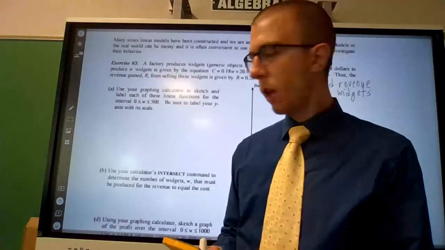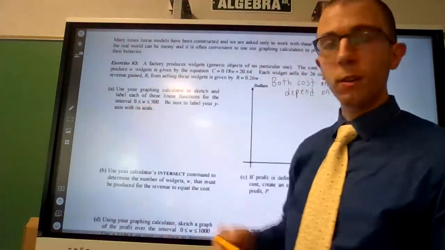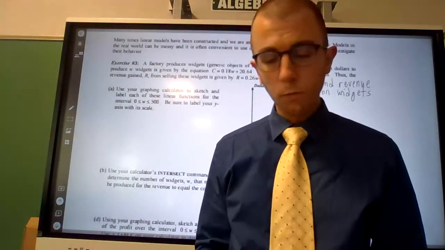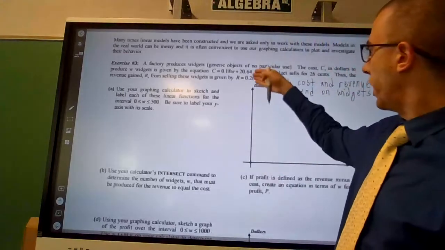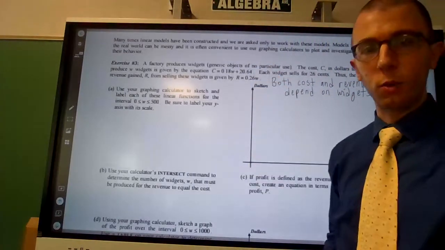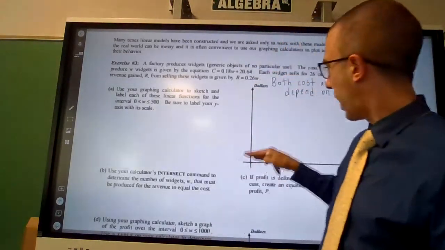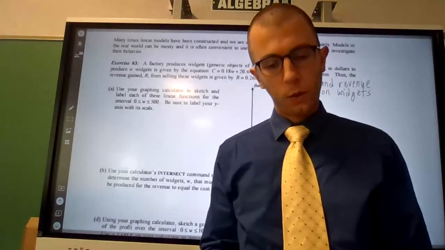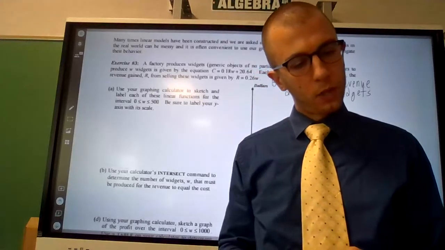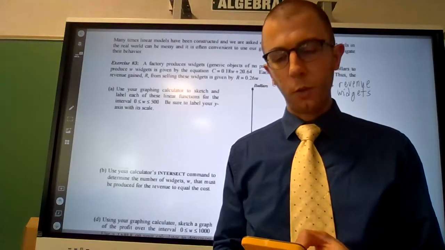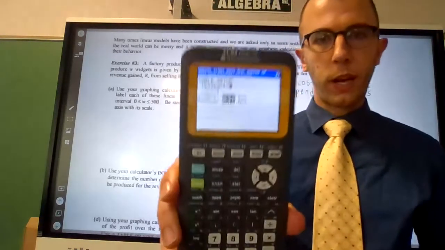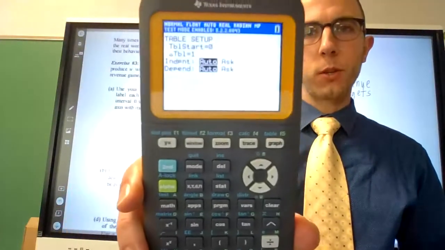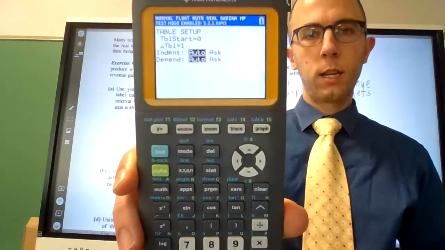All right. So since they tell us the interval, the domain interval that we're going to be sketching this in, we need to figure out what is the Y interval, what's our range interval? How do I scale this out? Okay, so let's figure that out. So we are going to press second window, before even going to the graph, brings up this table setup screen.